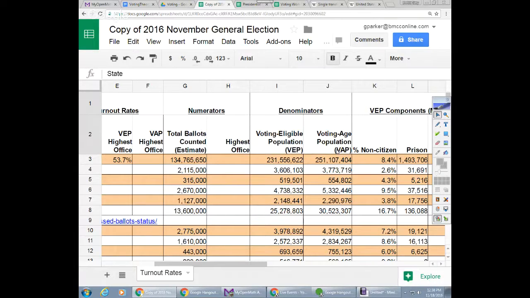So a little over half the people that are the age to vote actually did. In this election, calculations are coming out to be more about 53, 54%. So less of a percent of the people that could vote did vote this year compared to the previous year.